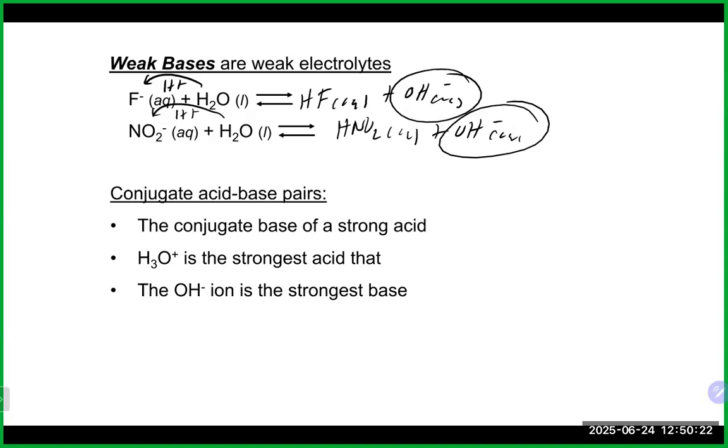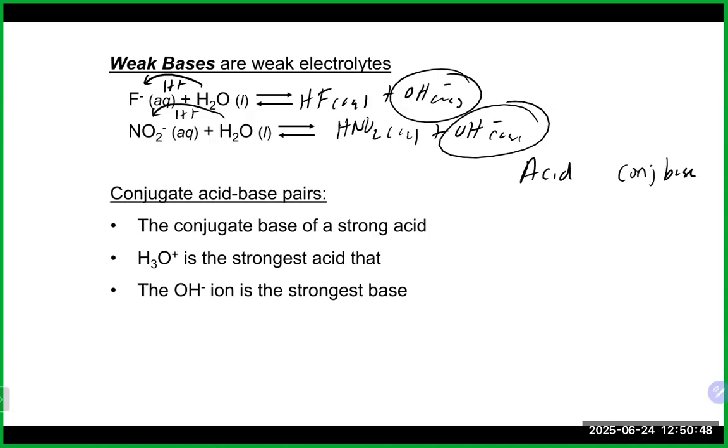Now, there is a really important relationship between acids and bases and their conjugate partners. It's a really important thing to remember when we look a little later on in this chapter and some other chapters. And that relationship is this. If you have an acid, its partner will be on the other side, the conjugate base.